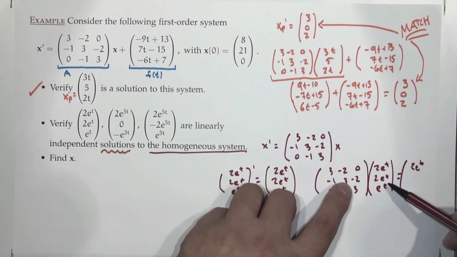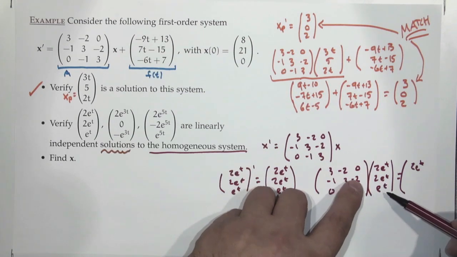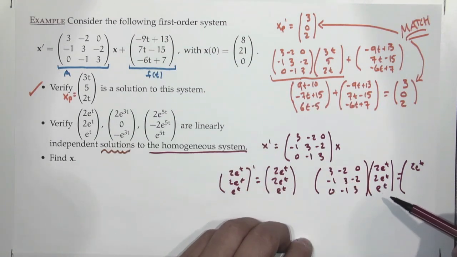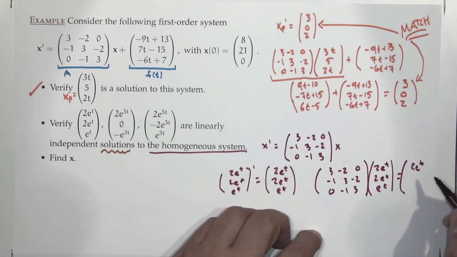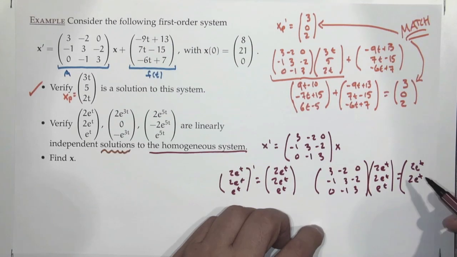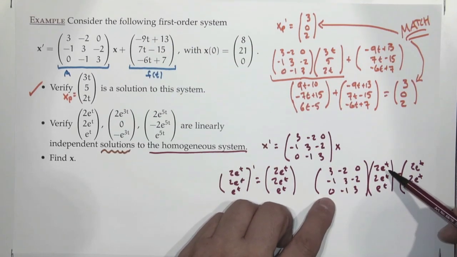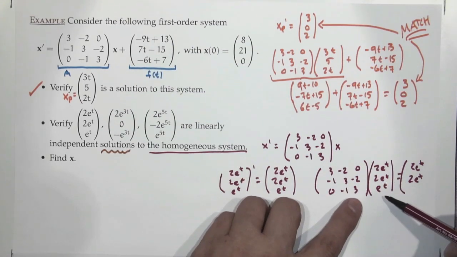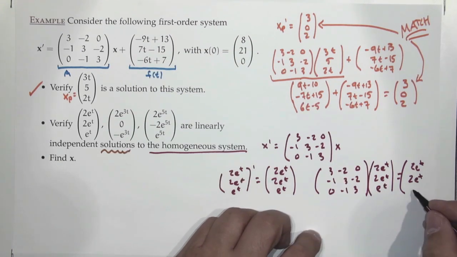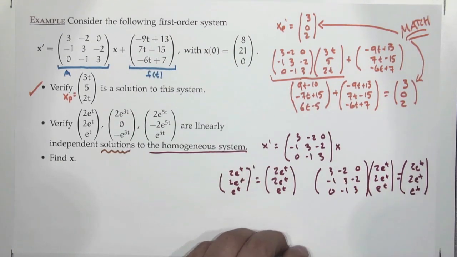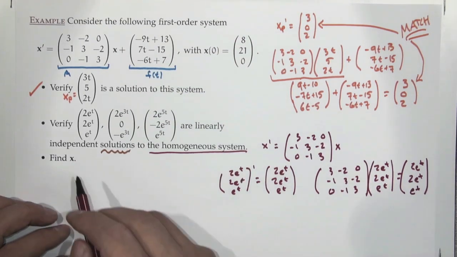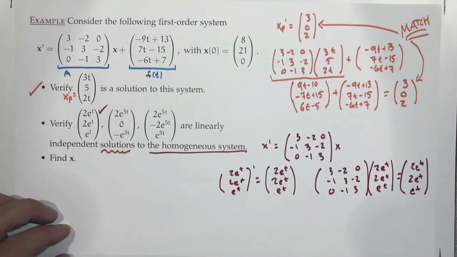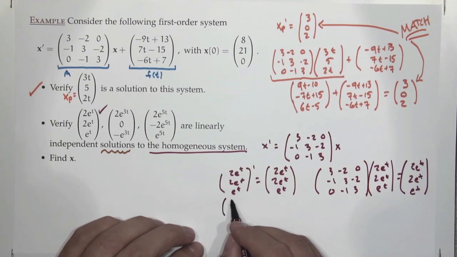Minus 2e to the t plus 6e to the t, subtract 2e to the t. So minus 2 plus 6 minus 2, so it will be 2e to the t again. 0 minus 2e to the t plus 3e to the t gives us e to the t. And now we check. Are they the same? That means that's a solution. Okay. We go to the next one.